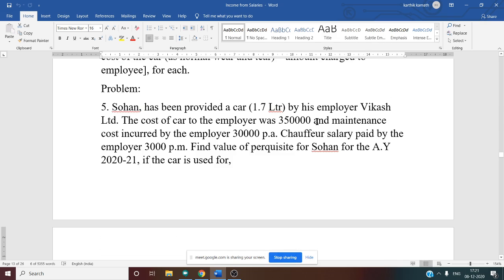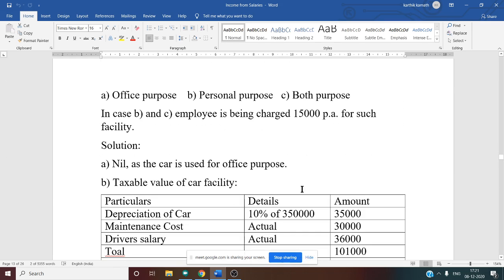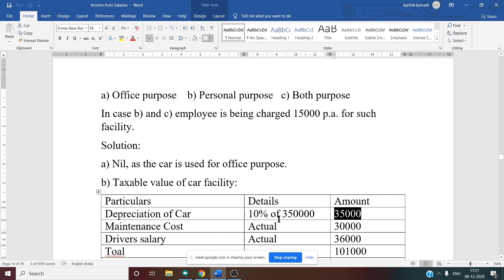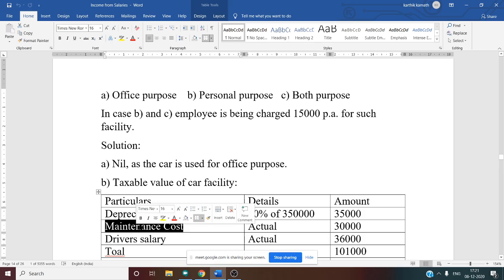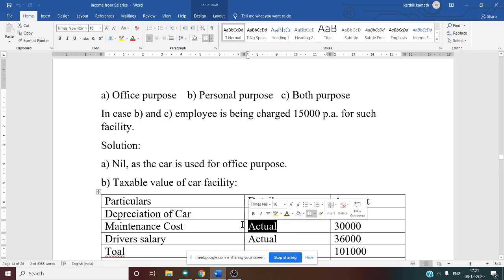Whenever the cost of the car is given, there is a normal wear and tear of 10%. So 3,50,000 into 10%. First one, depreciation of the car, that is 35,000. Then maintenance cost, fixed per annum in the question, actual 30,000.